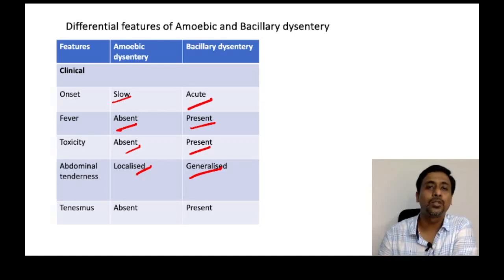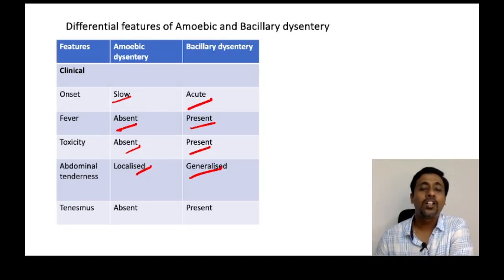One more thing I wanted to add: what are the common sites of ulcer in amoebic dysentery and in bacillary dysentery? In amoebic dysentery, the common site is the cecum, followed by the sigmoid-rectal junction.